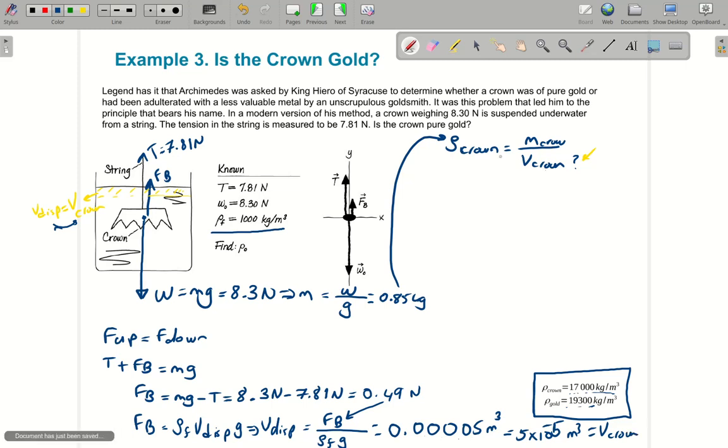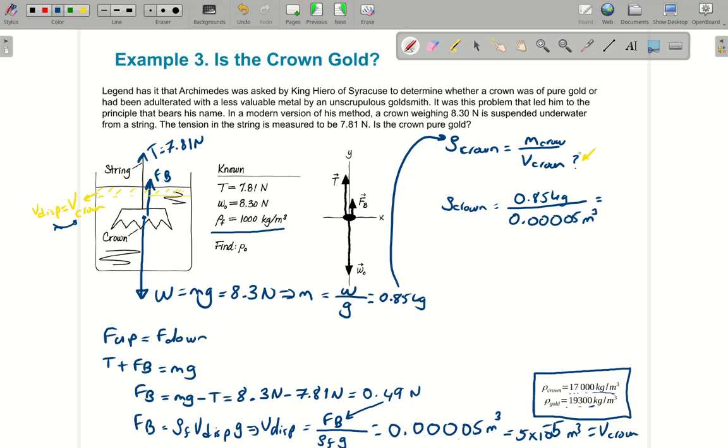And we input it in here to solve for the density of the crown. Mass, we found at 0.85 kilogram. Volume is very small, but it makes sense in meter cube. It's a crown, a small thing.